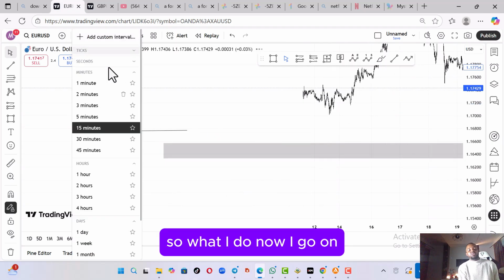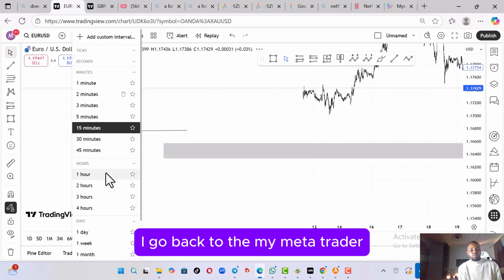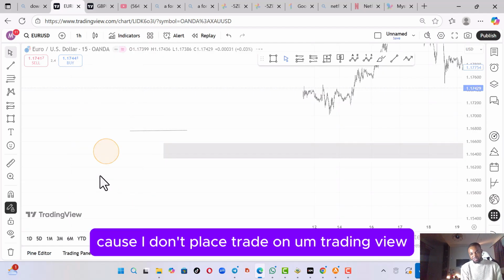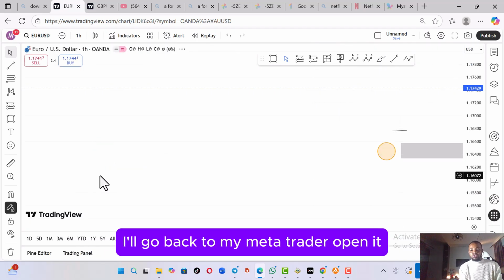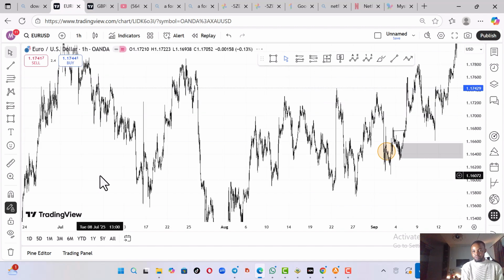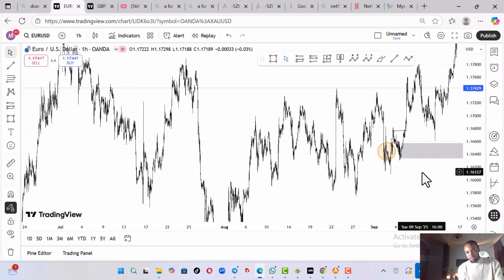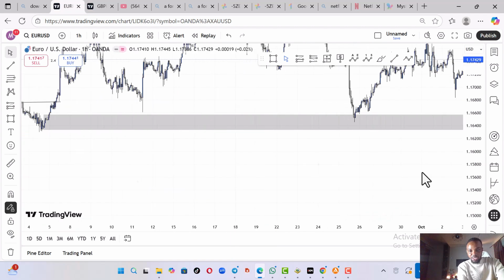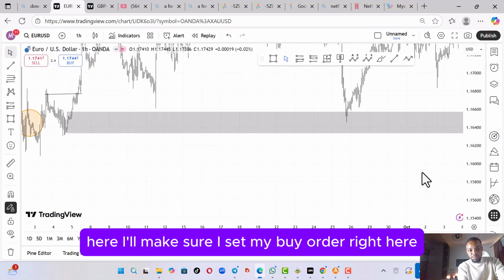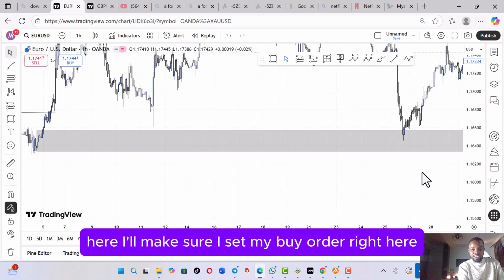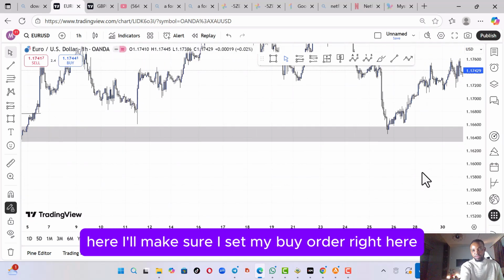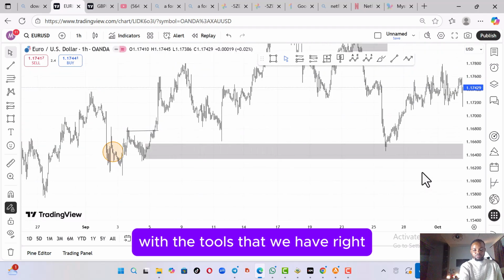So what I do now, I go back to my MetaTrader, because I don't place trades on TradingView. I will go back to my MetaTrader, open it, and here I'll make sure I set my buy order with the tools that we have, right?